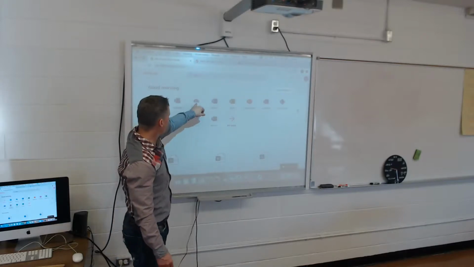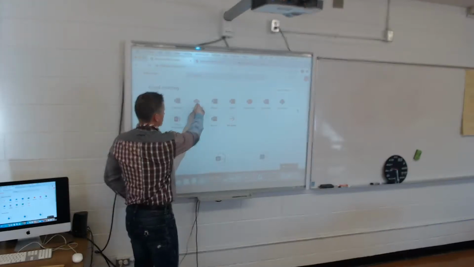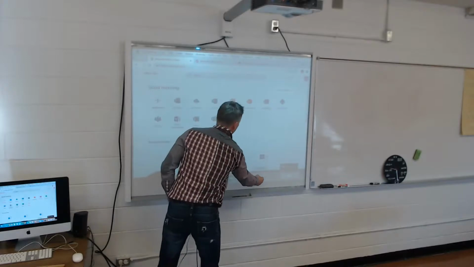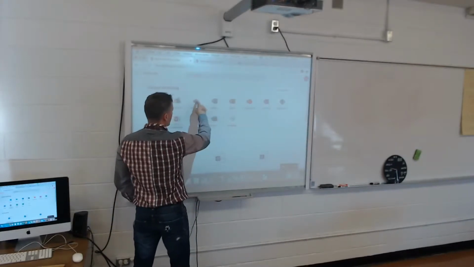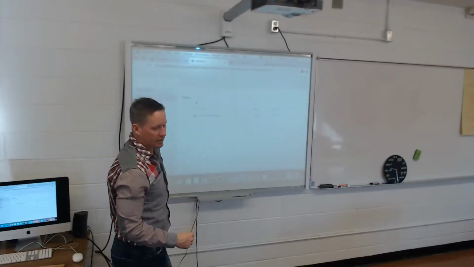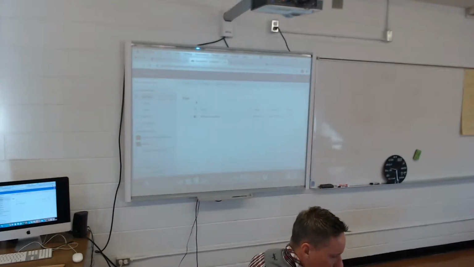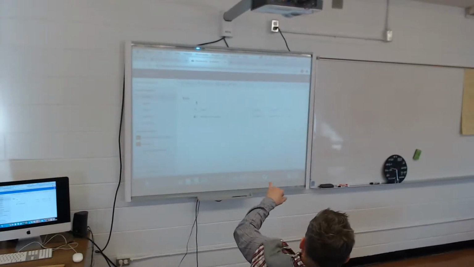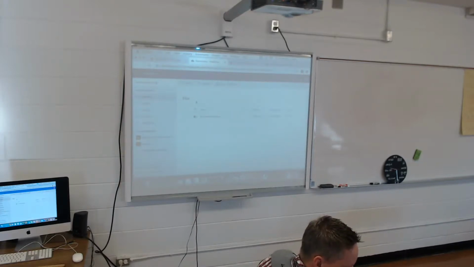Okay, now you also have OneDrive on here. So you can click on OneDrive. So you go in the same way you get to Teams, and then you click on OneDrive. Okay? And then in the OneDrive, I'm going to have a shared folder for you in which you can access the assignment I put in there. Okay?